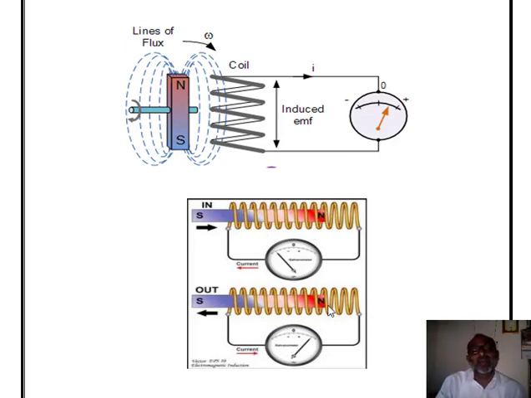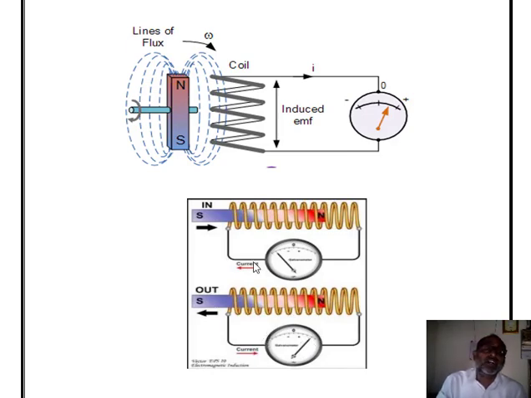Now the next experiment. When this magnet moves away from this coil, the galvanometer shows deflection in the other direction, that means on the right hand side. So when the magnet moves away from this coil, an EMF is induced in this coil, and due to this EMF, current starts to flow through this galvanometer, and it shows deflection on the right side.